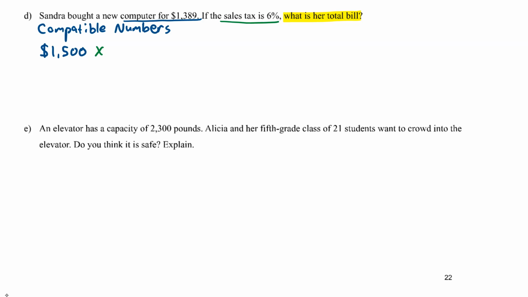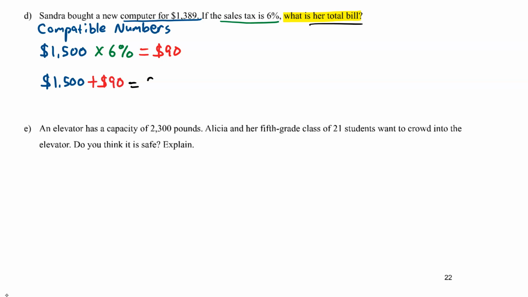So we'd have 1,500 times 6% because we are looking at the sales tax. So when we calculate those together, we end up with $90. And so then if we want the total bill, we're going to have to take the original cost that we estimated, $1,500, and add it to that tax of $90.